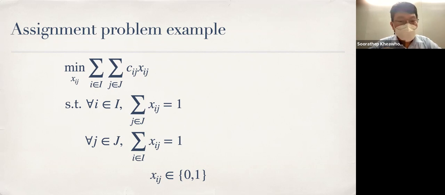And the constraint is, in the same row, for each row and each column, the summation must be only one. And Xij can take only 0 or 1. Okay, it must be binary.